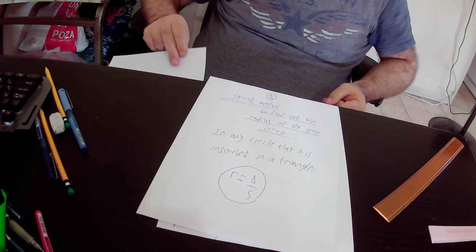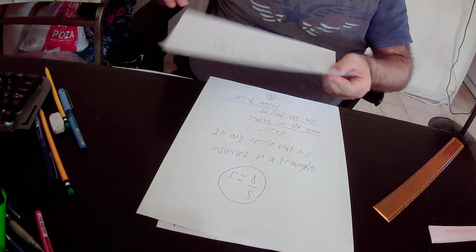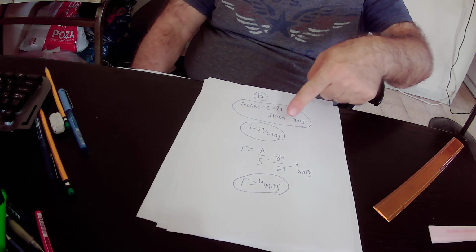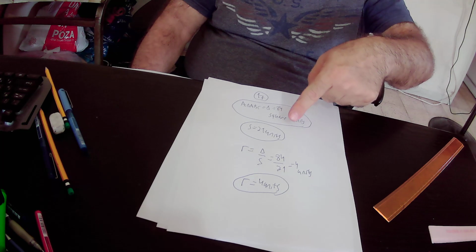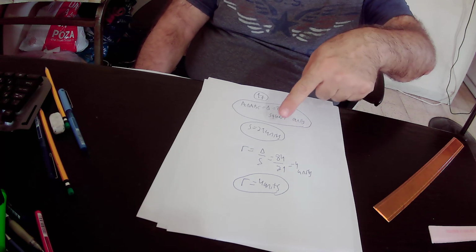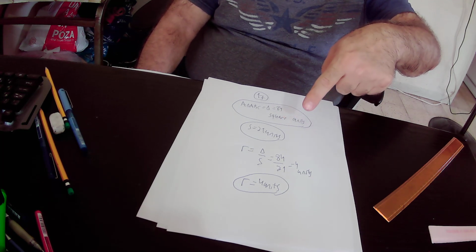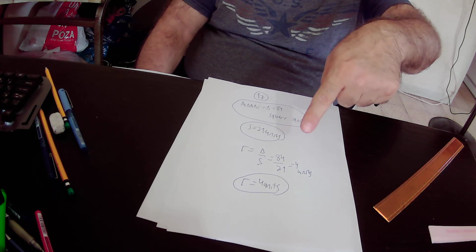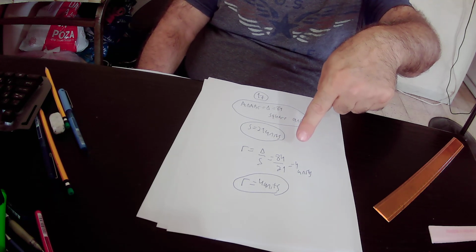And we have already found that the area of triangle ABC equals 84 square units and the semi-perimeter of triangle ABC equals 21 units. So the radius of the circle will be equal to the area of triangle ABC, that is 84 square units, over the semi-perimeter of triangle ABC, that is 21 units.